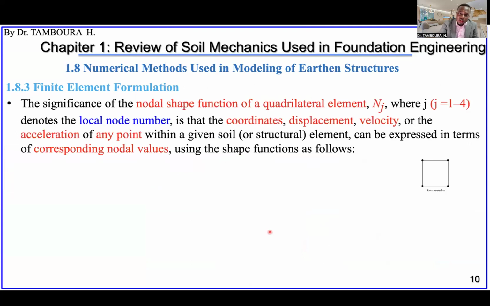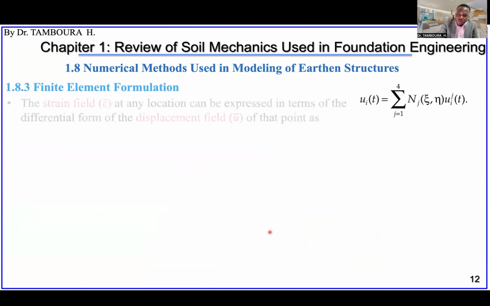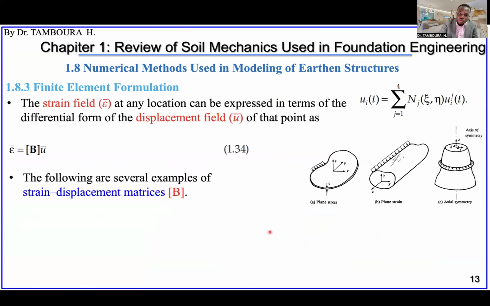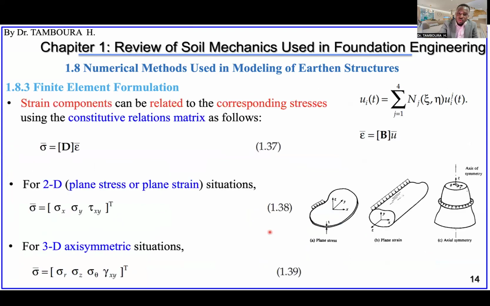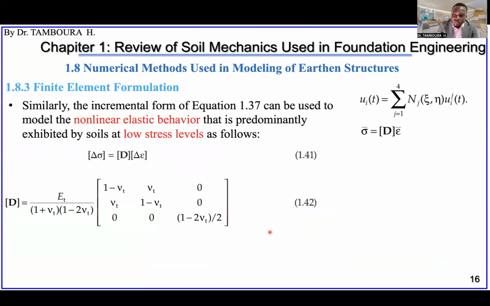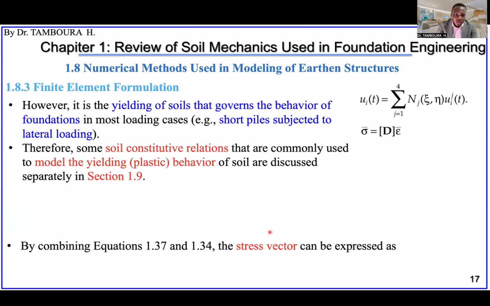Yielding describes the plastic behavior of soil. Because the yielding of soil is what is governing the failure of foundation, not only foundation actually, but any soil, soil constitutive relations are used for that. So we will come back to this next time.